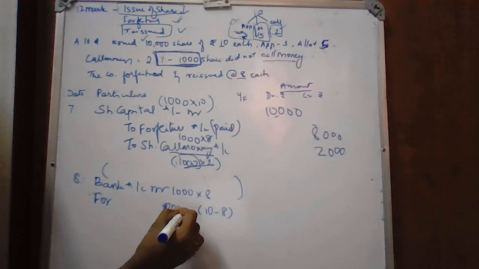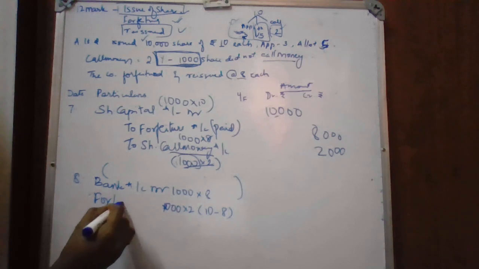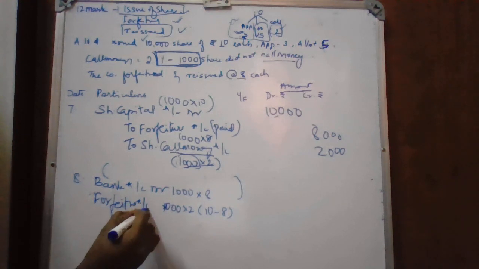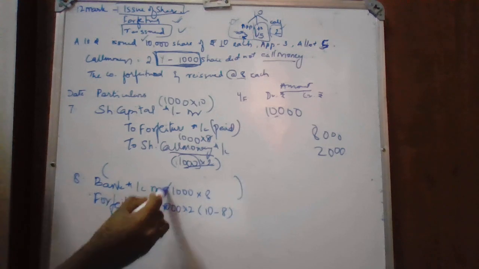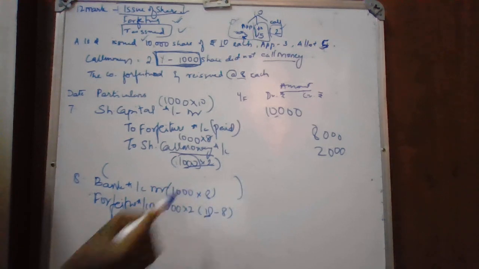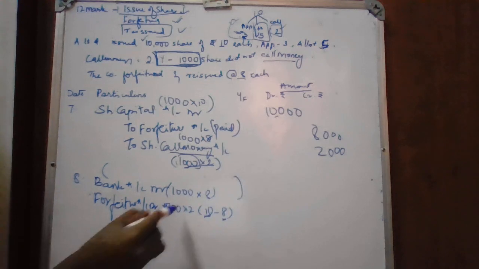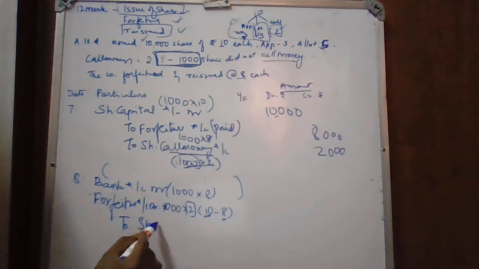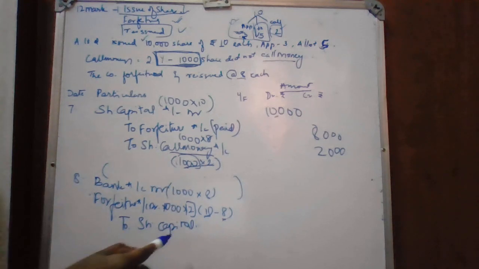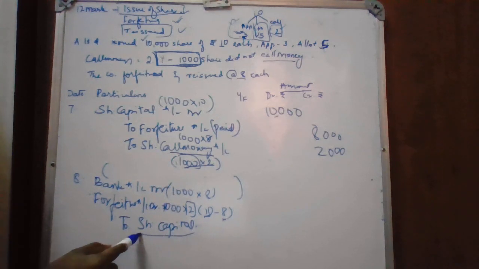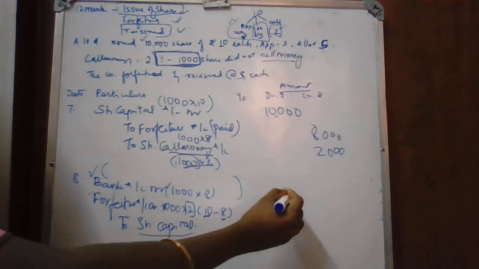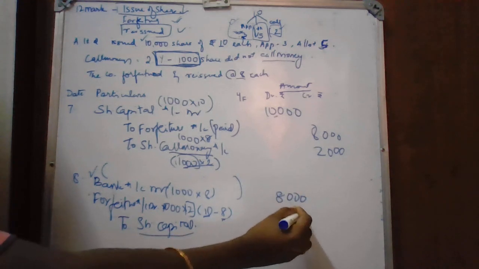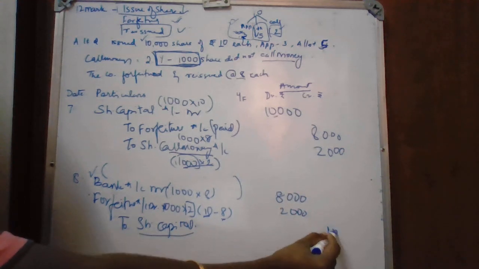So 1,000 into, forfeiture account debit. 10 is the value of share. 8 rupees is reissued value. 2 rupees is forfeiture value. To share capital. Why am I crediting share capital? Because reissued and you're receiving money. So I'm transferring it to share capital. Here it shall be 8,000, 2,000 and 10,000.